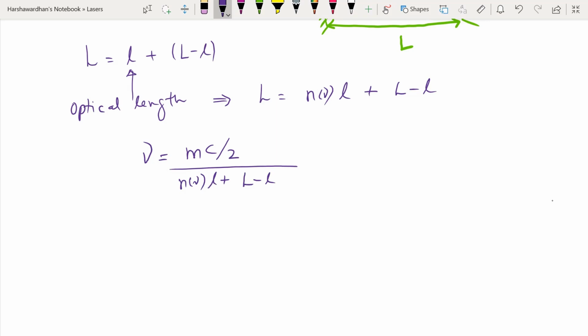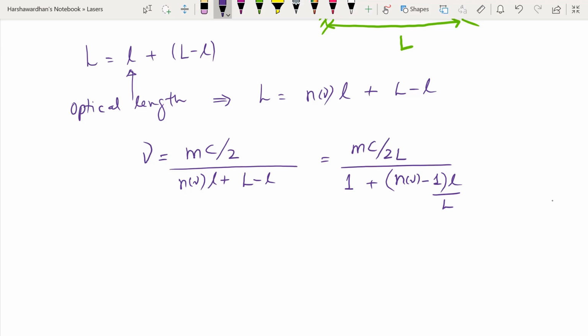So I take mc by 2L common on the top, and you see that I can rewrite this in the following fashion. This becomes 1 plus n of nu minus 1 times small l by capital L. Now this is what is my new frequency.